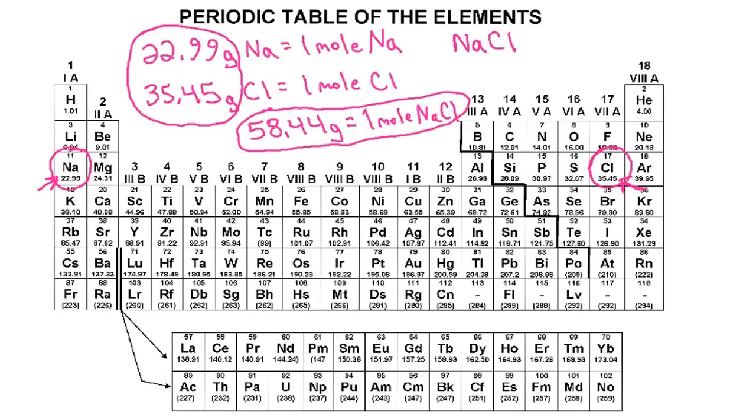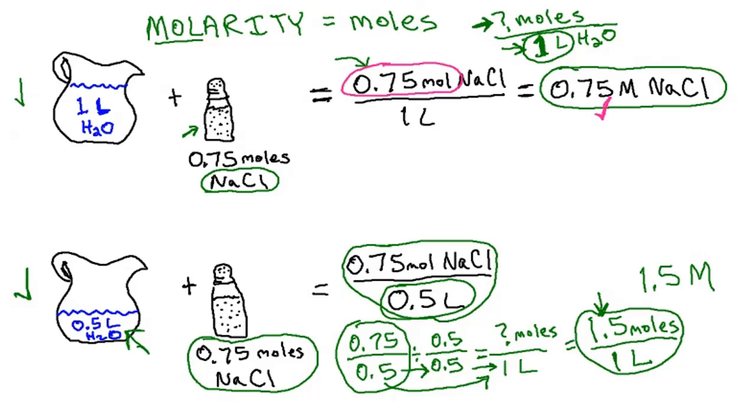Let's go back to our picture now. I'm going to write up here at the top so we remember: 58.44 grams of sodium chloride equals 1 mole of sodium chloride. So on our first example, we have a molarity of 0.75, which means we have 0.75 moles of sodium chloride in 1 liter of water. So how many grams is that?